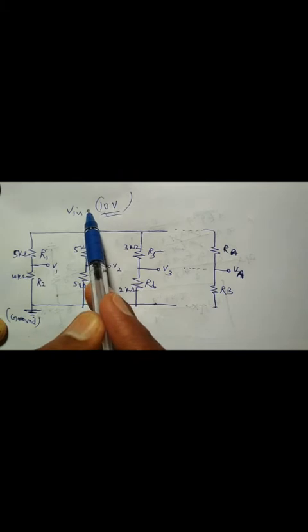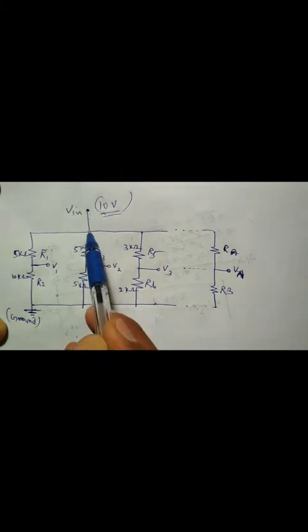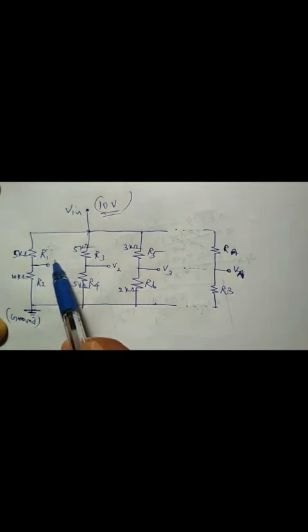See, a common input of 10 volts is given from this common power supply. By using this R1 and R2 pair, where R2 is grounded at the other end, you can divide the potential 10 volts and get the output V1.